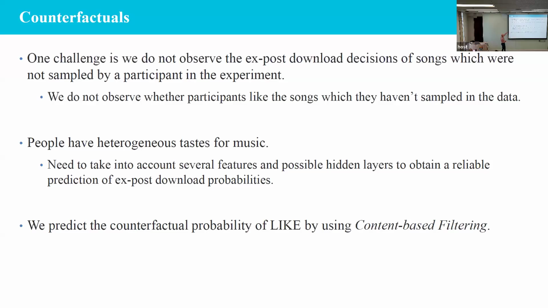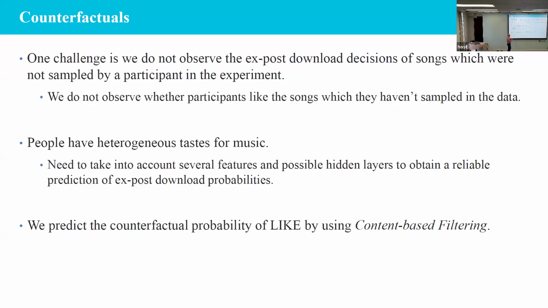And this is where we bring in some machine learning techniques. Instead of just running a logit model and putting observable characteristics of songs in to predict whether someone will like it or not, we run these neural networks. It's called content-based filtering. We also use another sentiment analysis software to help us process the songs and let the algorithms tell us a bunch of characteristics of the songs.